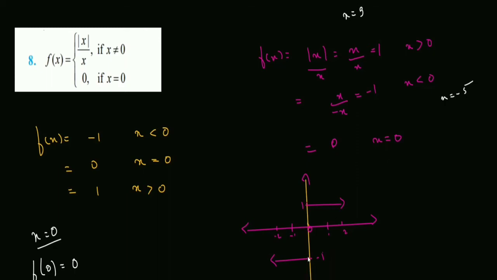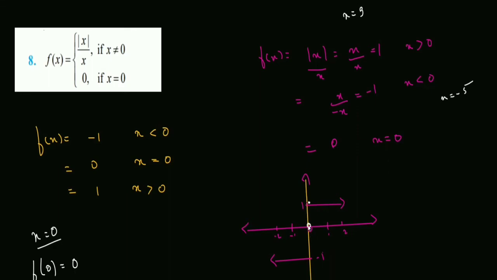So for all the values on the left side it will be minus 1, and on the right side of 0 it will be 1. And at 0 the function is defined as 0. After 0 only it is 1.